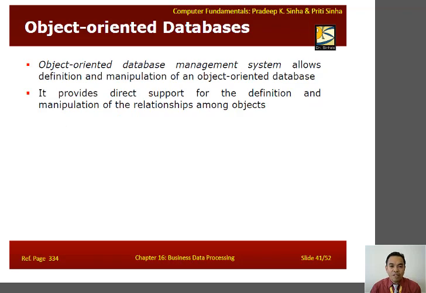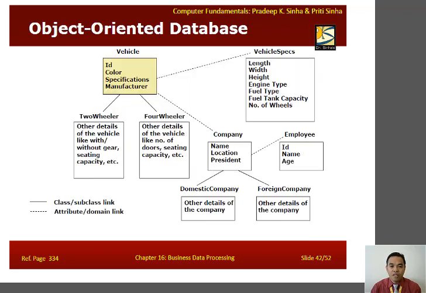In object-oriented databases also, they will allow definition and manipulation on an object-oriented database. So this model provides direct support for the definition and manipulation of the relationship among objects. So here is a diagram that will show you an object-oriented database.